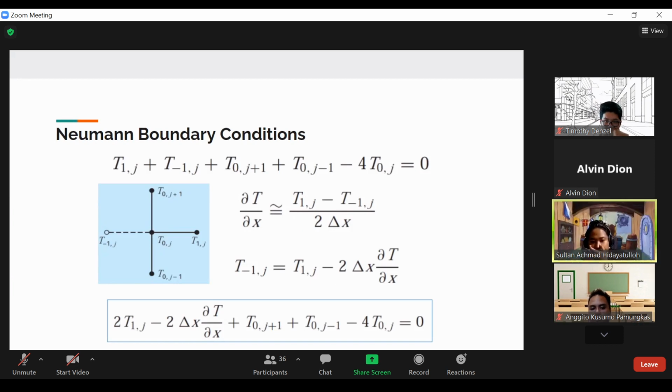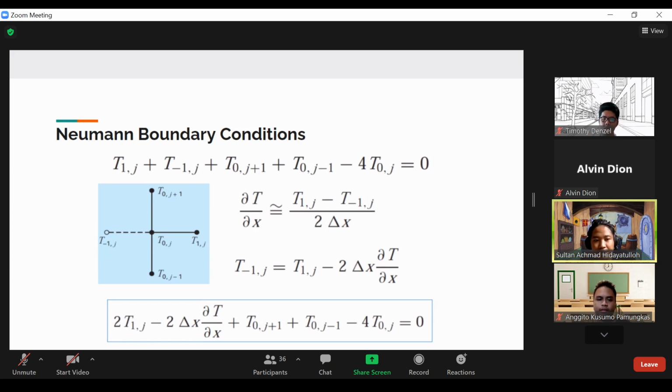Next is the Neumann boundary condition that we use to find the nodal located in the exterior. The first step is to write down the basic equation from the Laplace method, and then we take del T del x equal to T1g minus T minus 1g per 2 delta x.